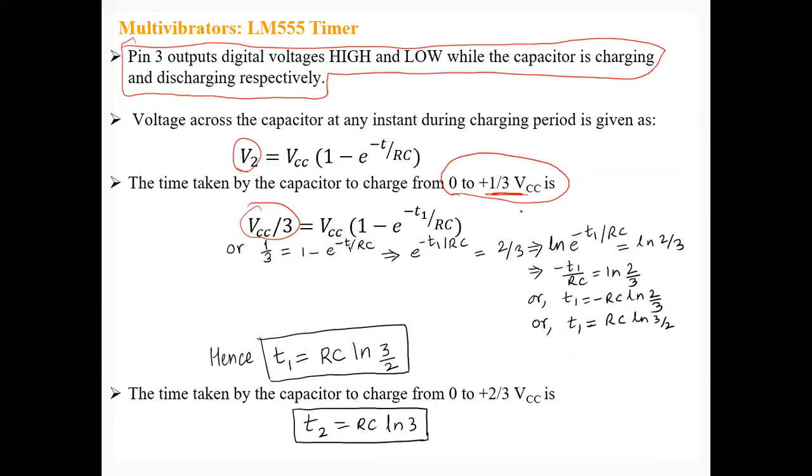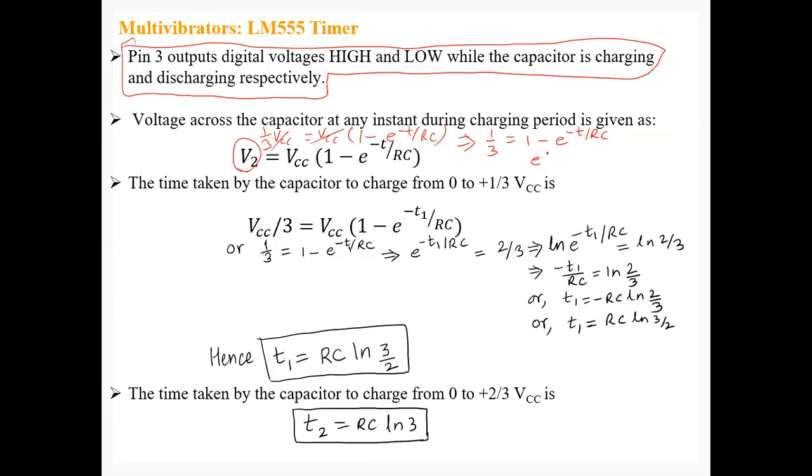So from here, this is 1/3 of VCC. So 1/3 of VCC equals VCC times (1 minus e to the negative t over RC). So VCC cancels out. Then what do you get? 1 over 3 equals 1 minus e to the negative t over RC.